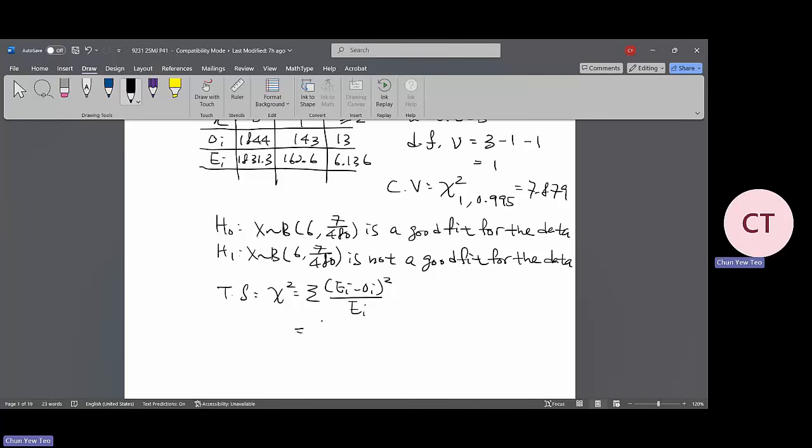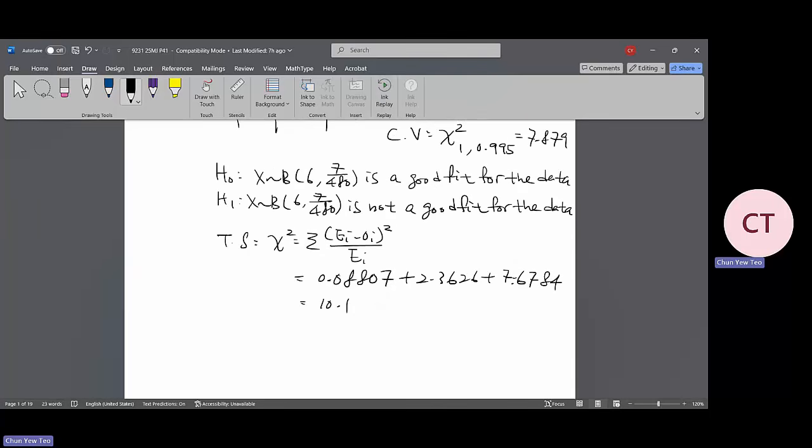For this column, I get 0.08807. For the second column, I get 2.3626. For the third column, I get 7.6784. So in total, I get 10.1.